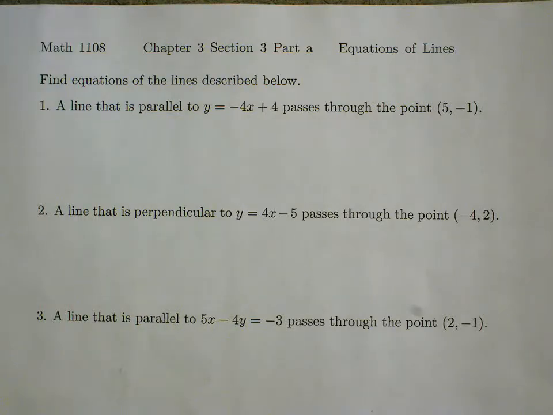If we want to find an equation, we need to know the slope and also another point, or we need to know 2 points. Okay, but we have all the information we need.